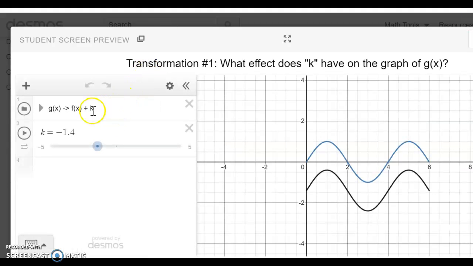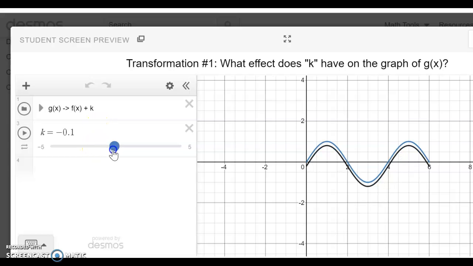It was some value being added to our function. What you noticed was that if we have something being added on, it's going to shift our function vertically. I want to push you one step further: yes, it's going vertically, but can we be more specific?